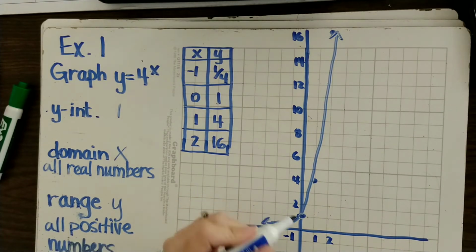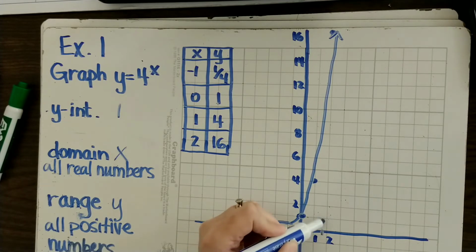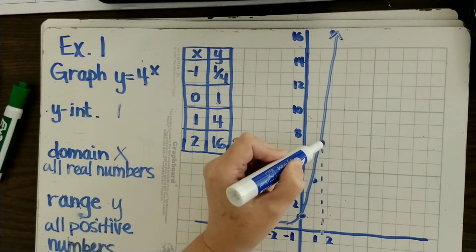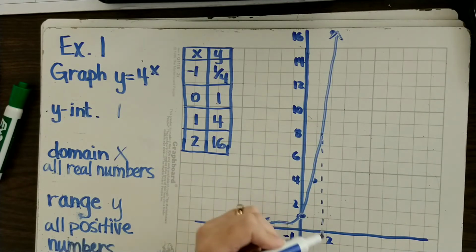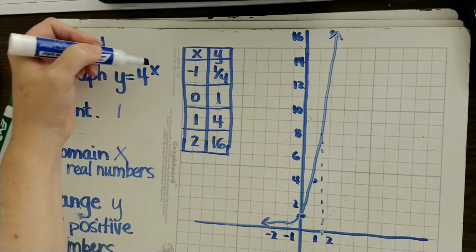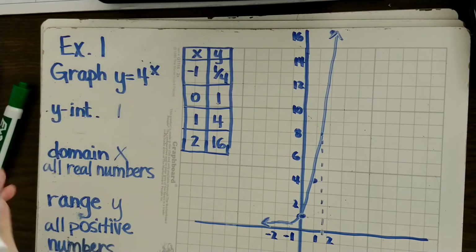So when you go over here to your x-axis and you look at 1.5 and you go up, it looks like it touches at about 8. So when x is 1.5, y would be 8.